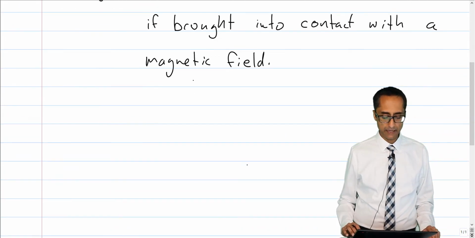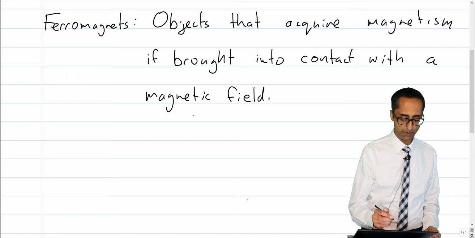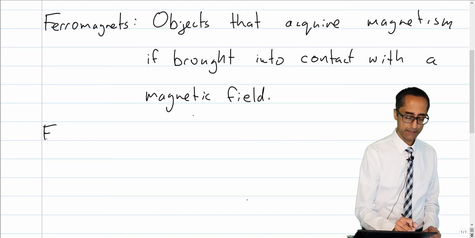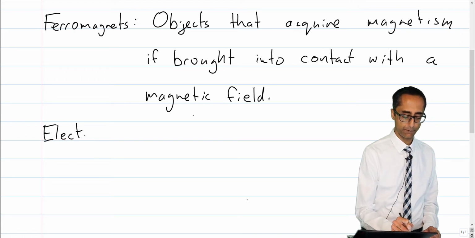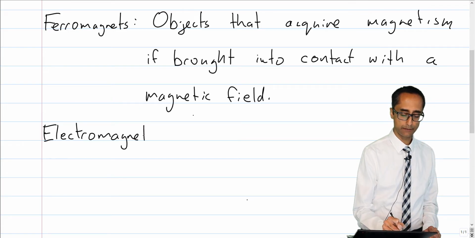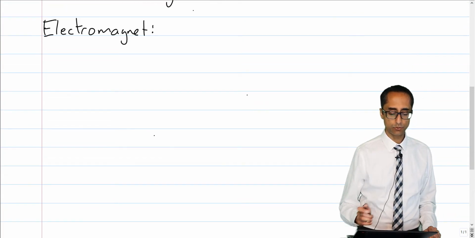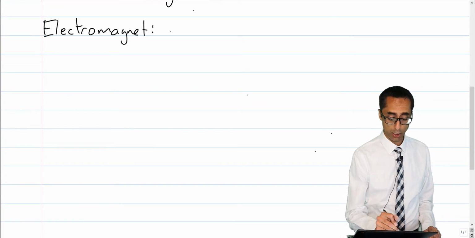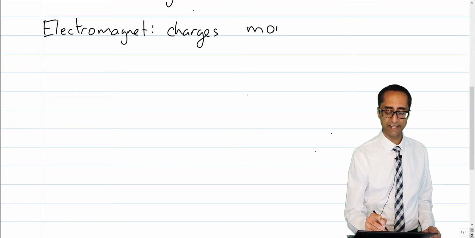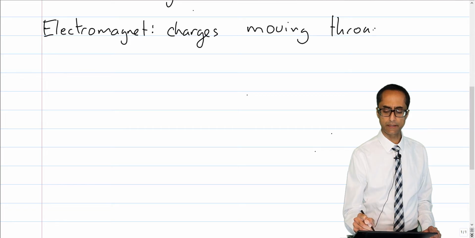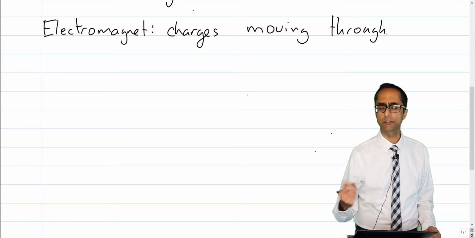And then finally, the type of magnet that we're very, very familiar with as far as technology goes, and that's the electromagnet. And electromagnets are simply caused by charges moving through a conductor. And you're saying to yourself right now, I think a conductor, you mean like a wire?